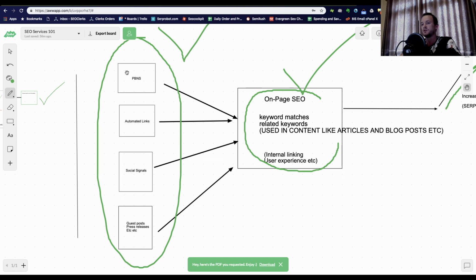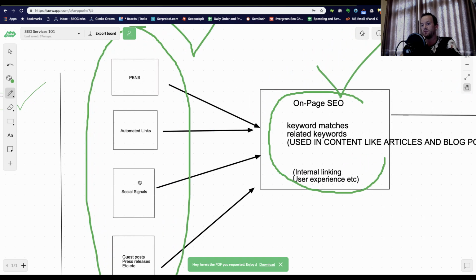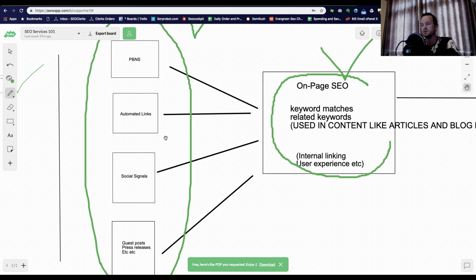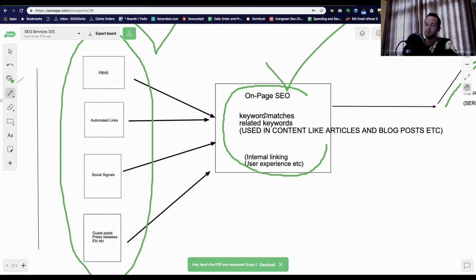So by having a variety of different types of links, this makes things more natural and a lot less likely that this person is going to get penalized, which is another topic, and get pushed down in the SERPs or de-indexed completely. So you don't want to do that for your customers, so just be very careful.